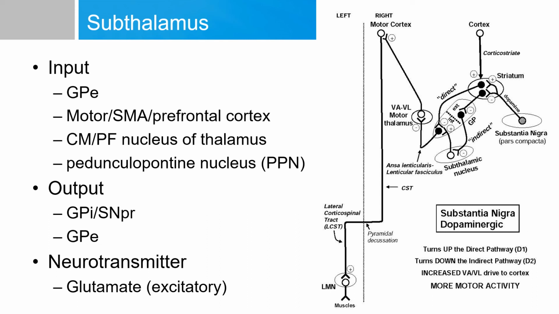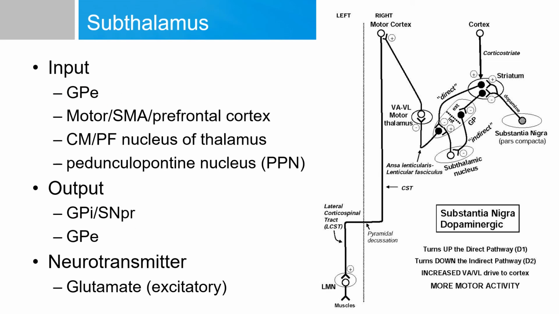Because the subthalamic nucleus, as we covered before, is involved heavily in the basal ganglia circuitry, it is only reasonable to assume that most of the fibers that go in and out of the subthalamus are part of the basal ganglia circuitry. And so, as we talked about before, the subthalamus has input from the globus pallidus externus and has output to the globus pallidus internus over here.